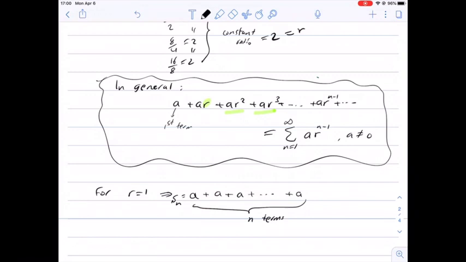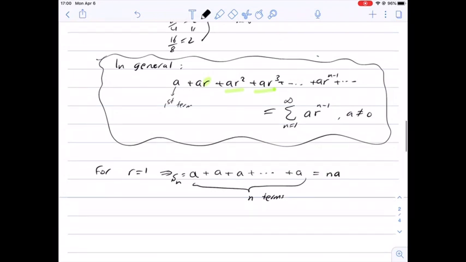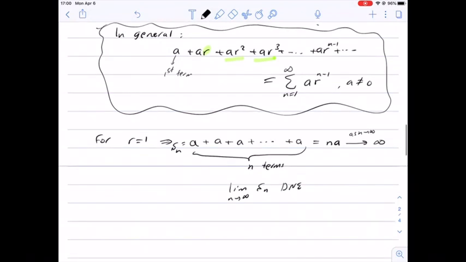If we are interested in finding the sum of the first n terms, this is Sn. This is equal to n times a, and that means this sum goes to infinity as n goes to infinity. So that means the limit of Sn, the partial sum, as n goes to infinity, does not exist.